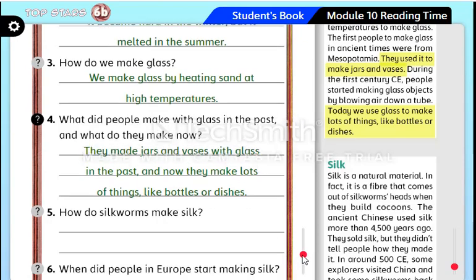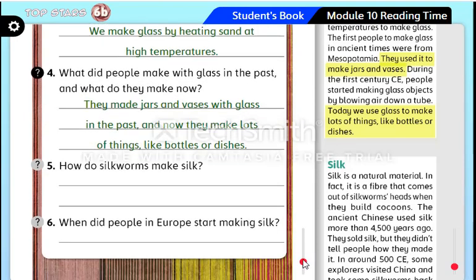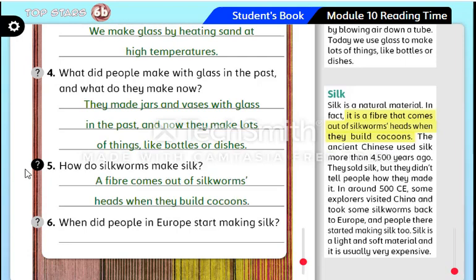Number 5. How do silkworms make silk? Fiber comes out of the heads of silkworms when they build cocoons. Last question. When did people in Europe start making silk? In around 500 CE.